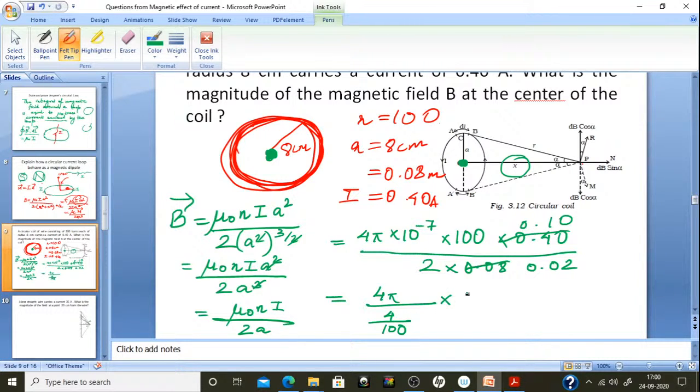I think the maths part you will do by yourself. Now see, 10 to the power minus 7 and 100 will give me 10 to the power minus 5, and then there is one more, 1 by 100. 0.10 is 1 by 10, you can say.